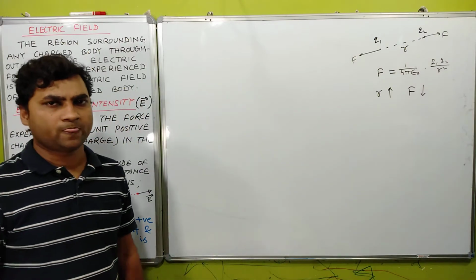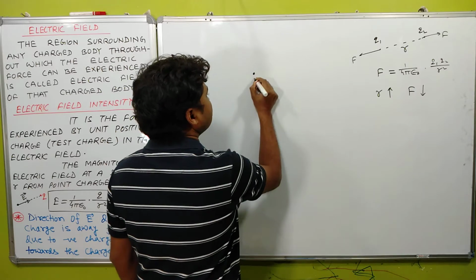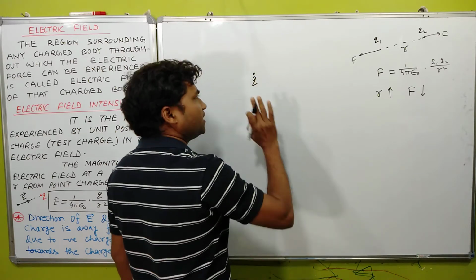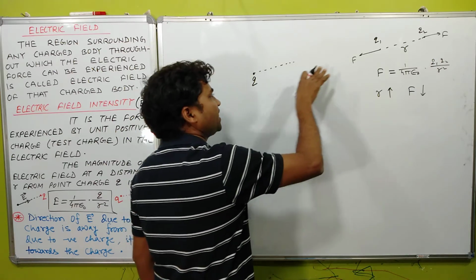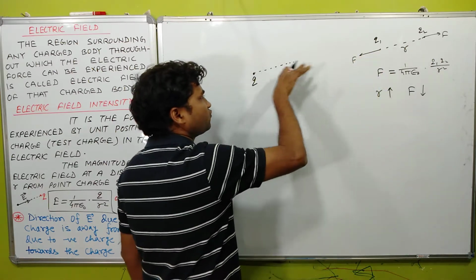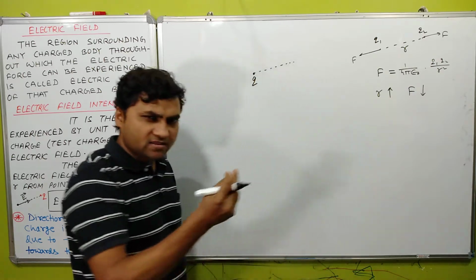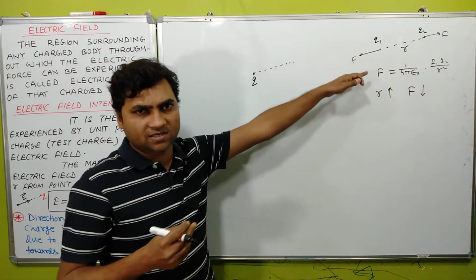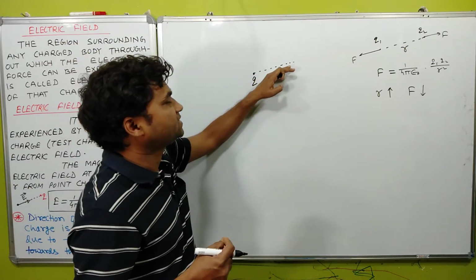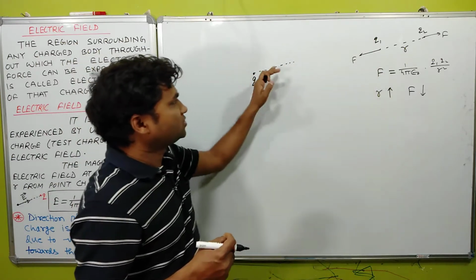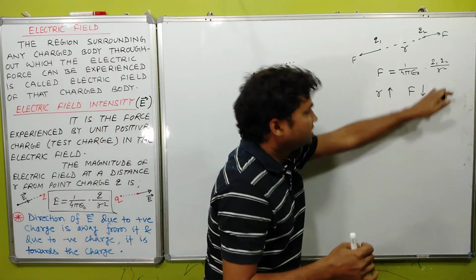Means from any charge q, as far as you go farther from this charge, this charge q will exert a lesser value of force on any other charge, because in this case r will increase, and as r will increase, the force due to this charge small q will decrease.